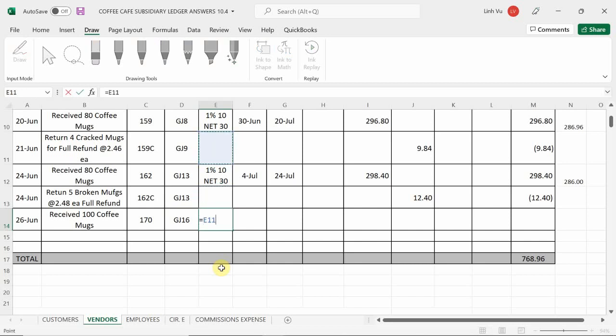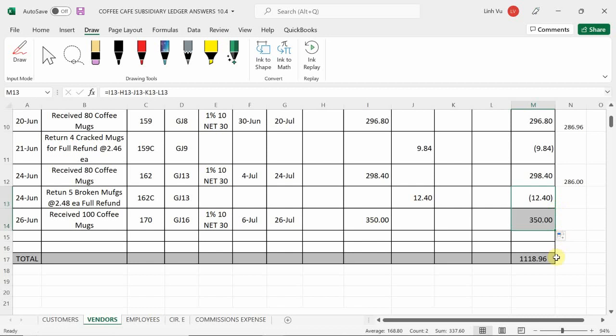We got 1% 10, net 30. So when's the discount due date? July 6th. And then when's the actual due date? Okay. The bill came out to be a total of $350. No payment, so therefore we owe another $350.